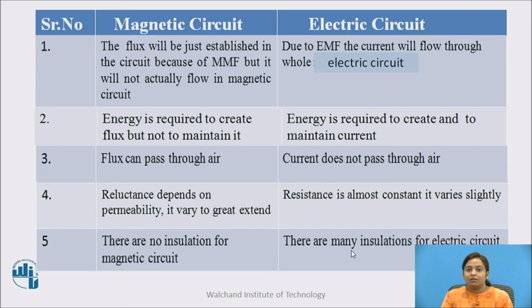But in electric circuit, a number of insulations are present, like rubber, wood, glass, and so on. So these are the basic five points regarding the dissimilarities of magnetic circuit and electric circuit.